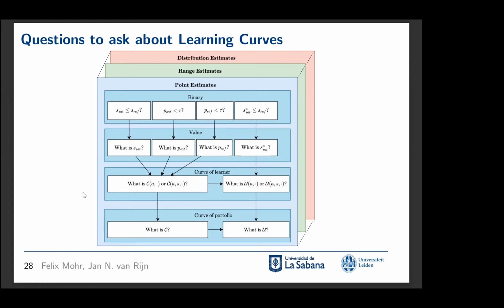What is often done is that one solves a more complicated problem, because modeling a learning curve is a much more difficult problem than only asking a yes-no question. But often one solves the more complicated problem of fitting a whole learning curve, maybe with a probabilistic model, only to then answer a binary question in the end.